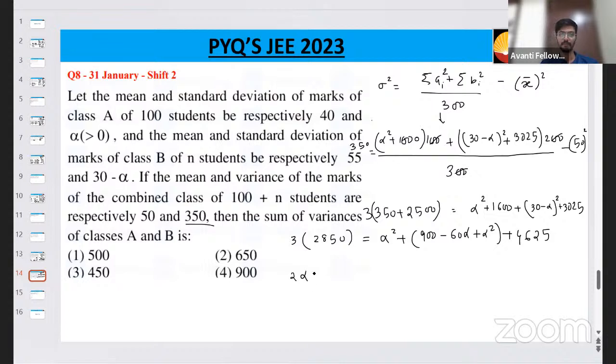So we'll get 2 alpha square minus 60 alpha plus 900 is equals to this minus this.